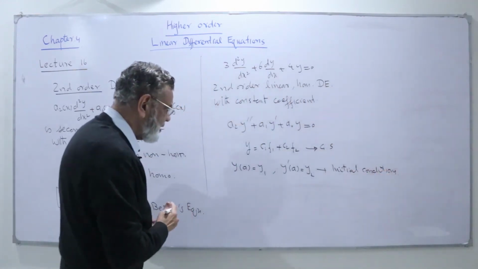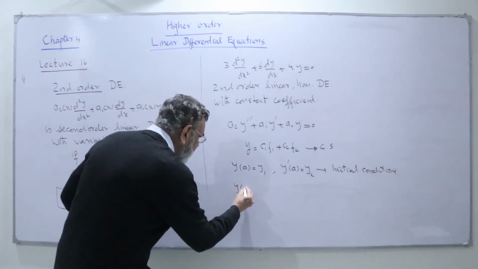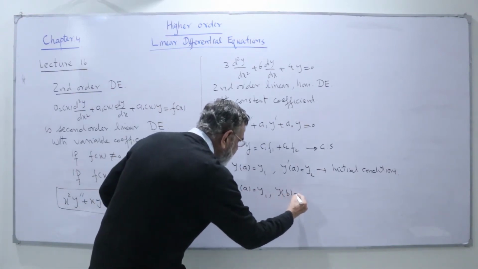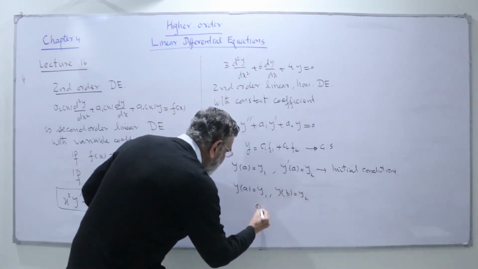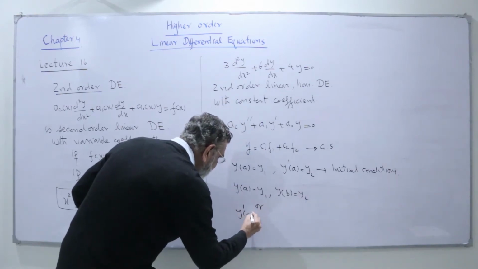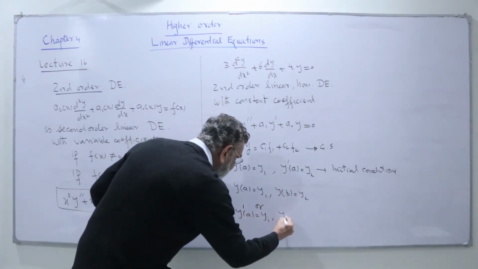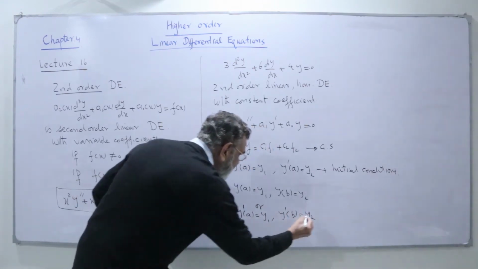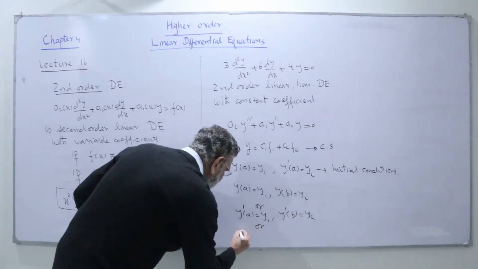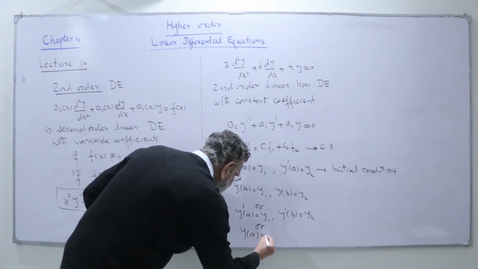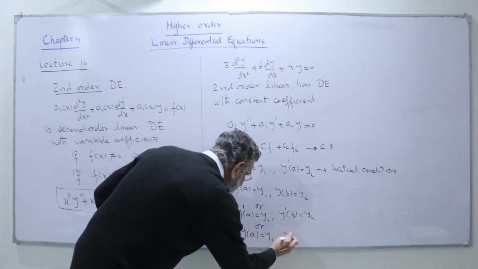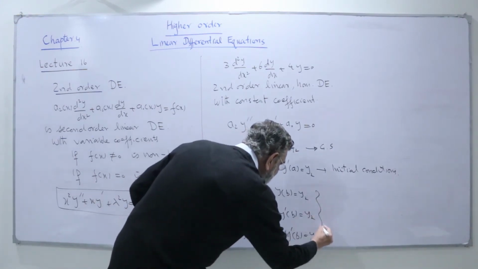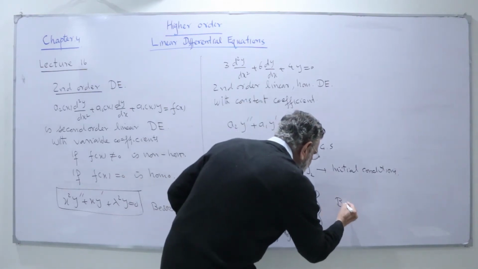Now if we have conditions defined at two different points, y at point A is equal to y1 and y at point B is equal to y2, or y dash at point A is equal to y1 and y dash at point B is equal to y2, or y at point A is equal to y1 and y dash at point B is equal to y2, these are all known as boundary conditions.